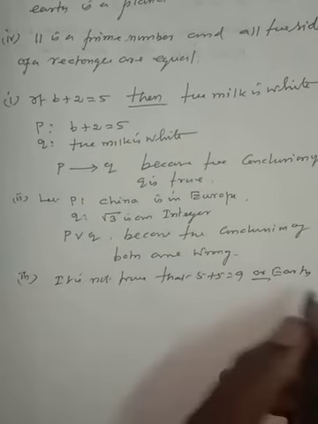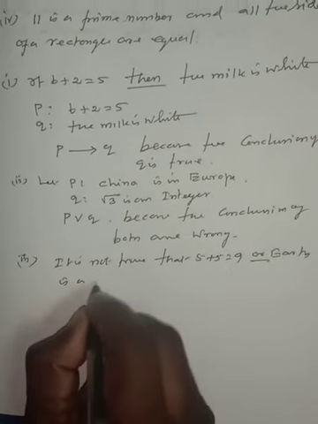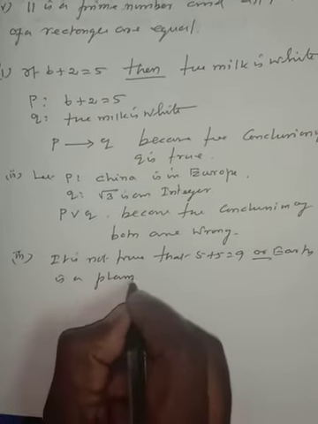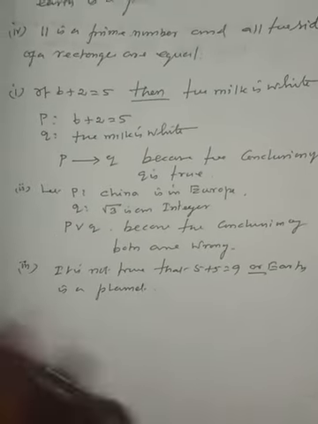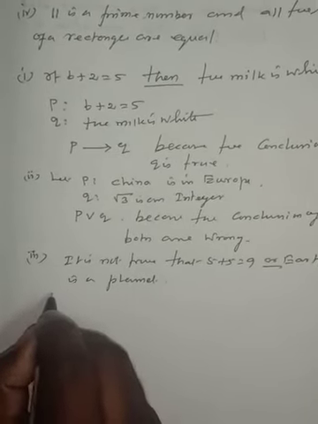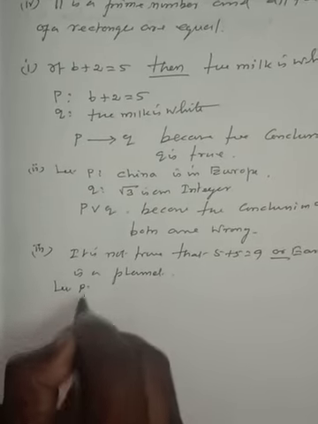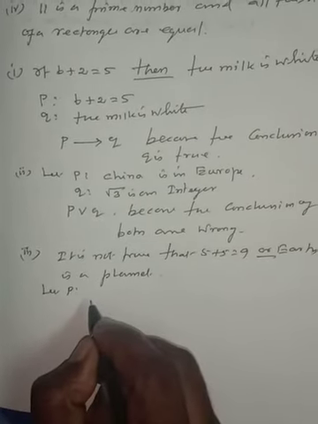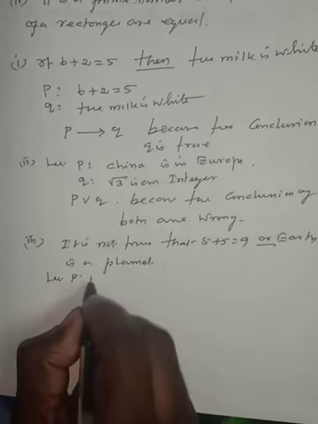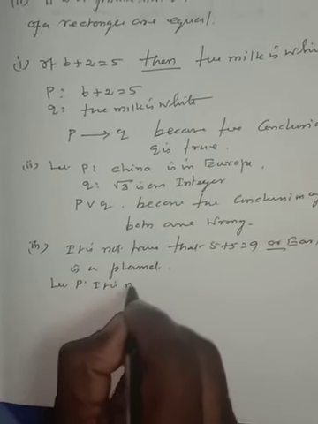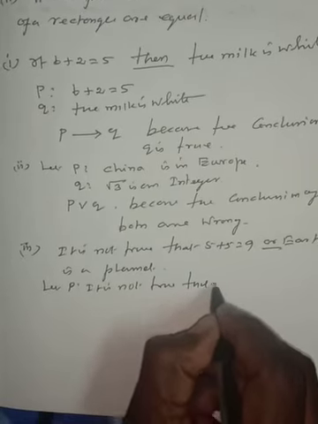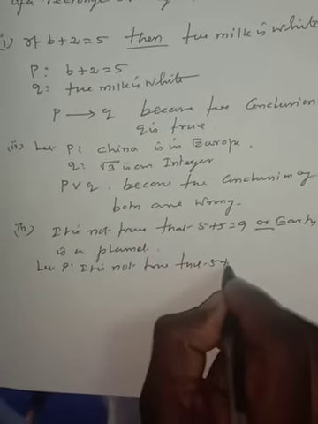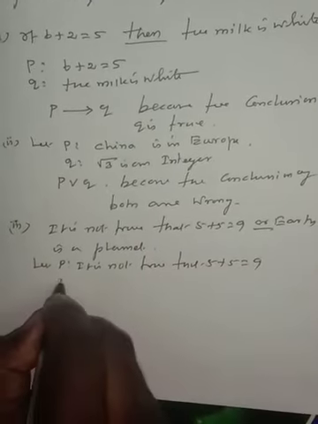First postulate, let P be: it is not true that 5 plus 5 is equal to 9.